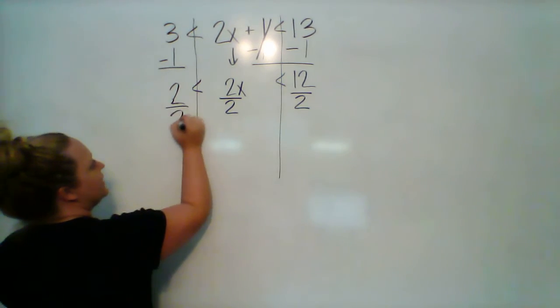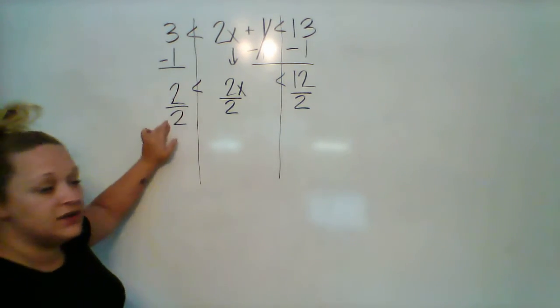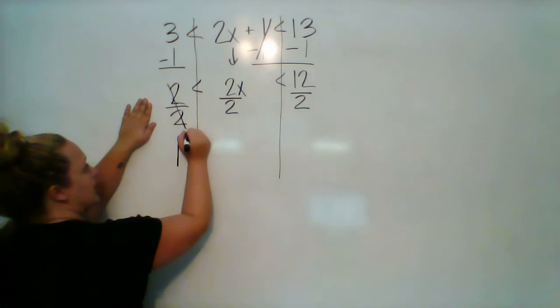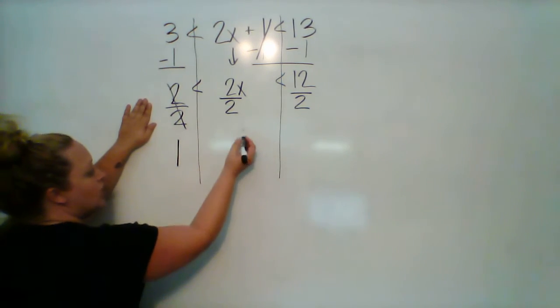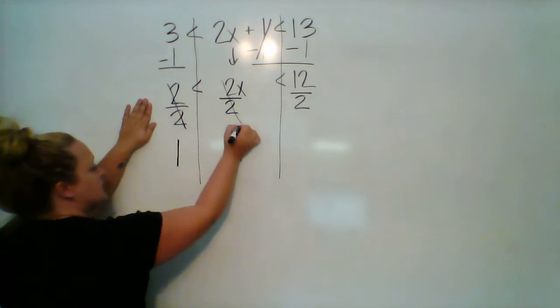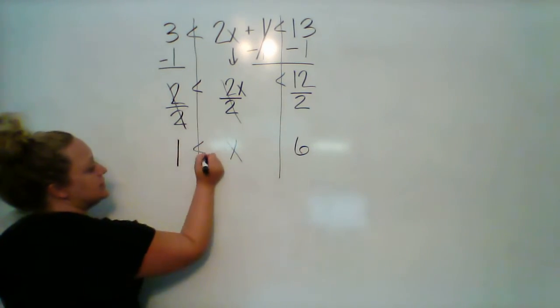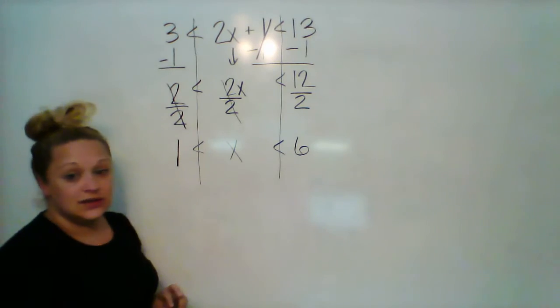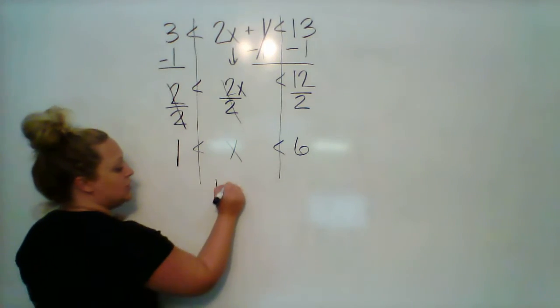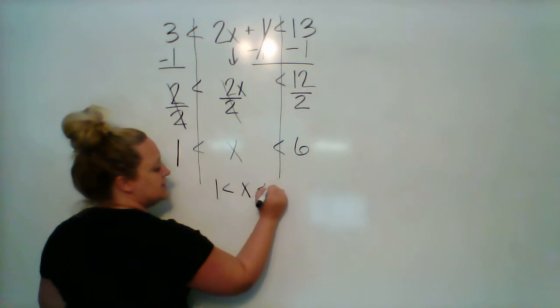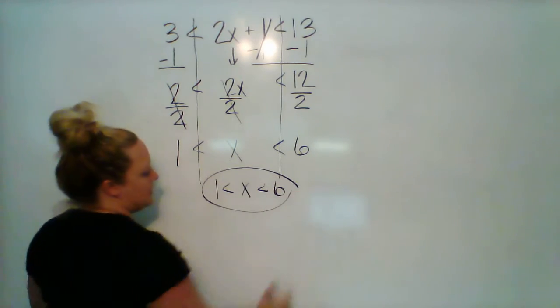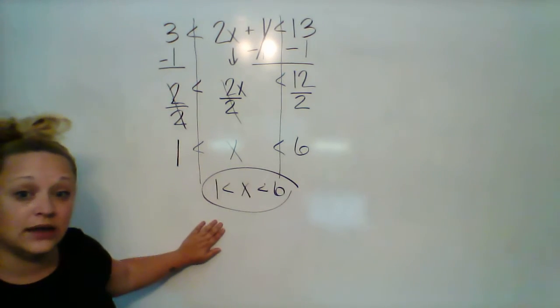So we're going to divide this side by 2. 2 divided by 2 is 1, cancels. 2 divided by 2 is 1, which would leave us with x, cancels. 12 divided by 2 is 6, and our less than signs come straight down. So our actual answer is 1 is less than x is less than 6. That is our compound inequality answer.